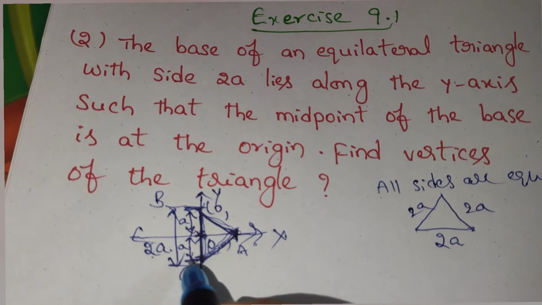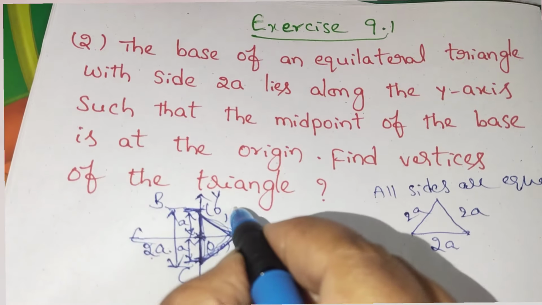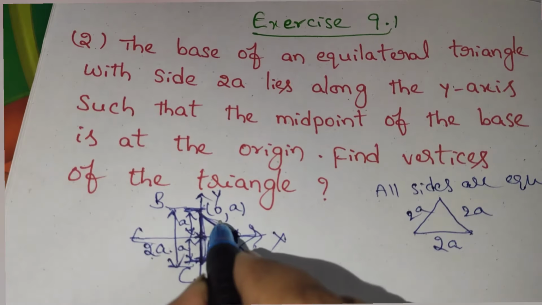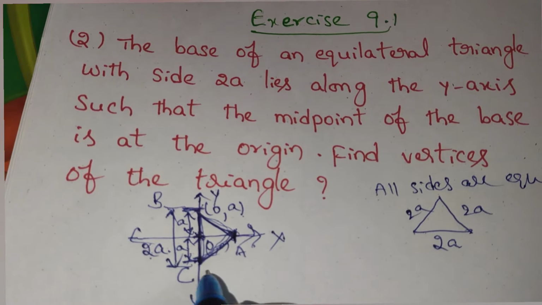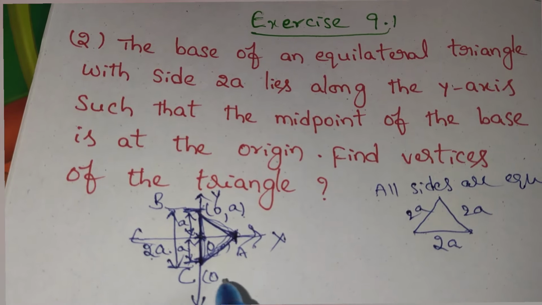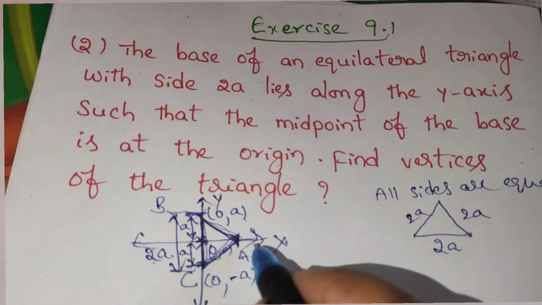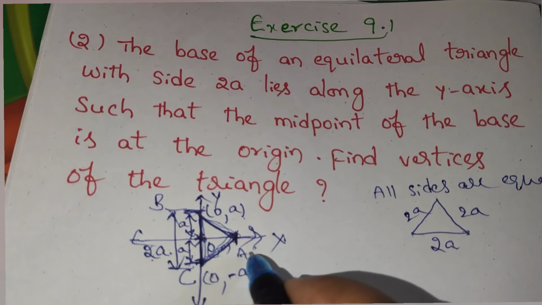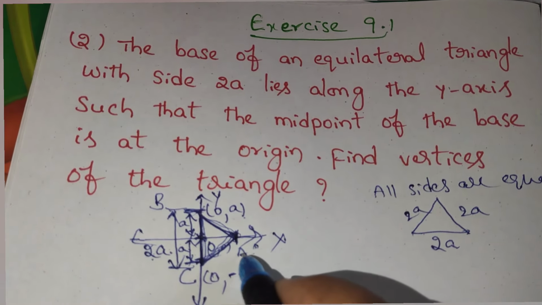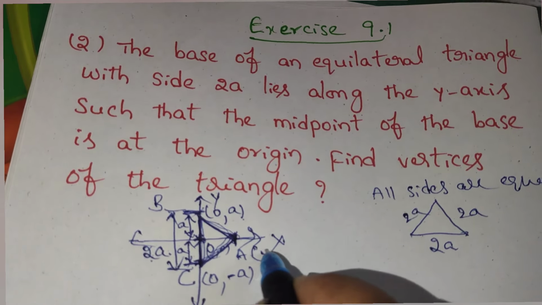So this height is a. So B point is 0, a. And C point is on the negative y-axis, so we take 0, minus a. Point A we don't know, but point A is on the x-axis, and on the x-axis y is 0.